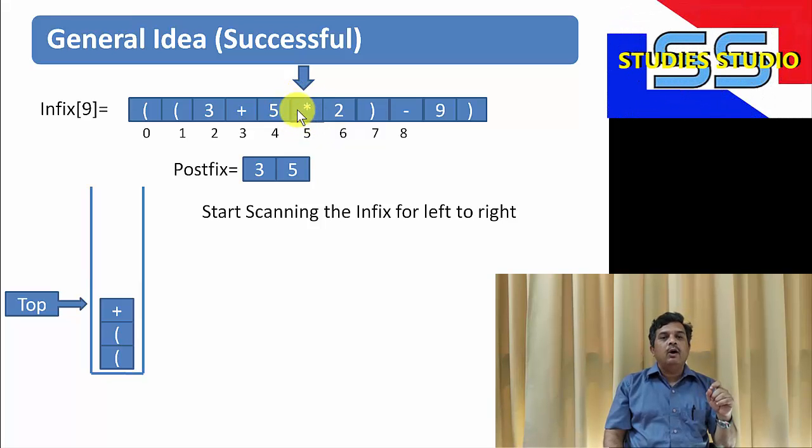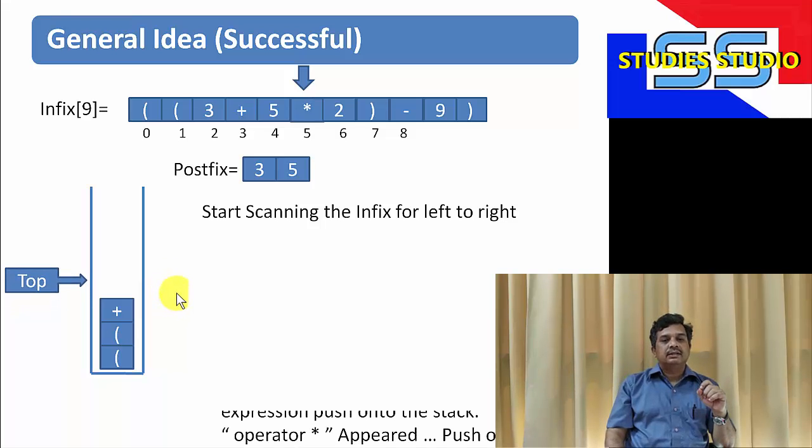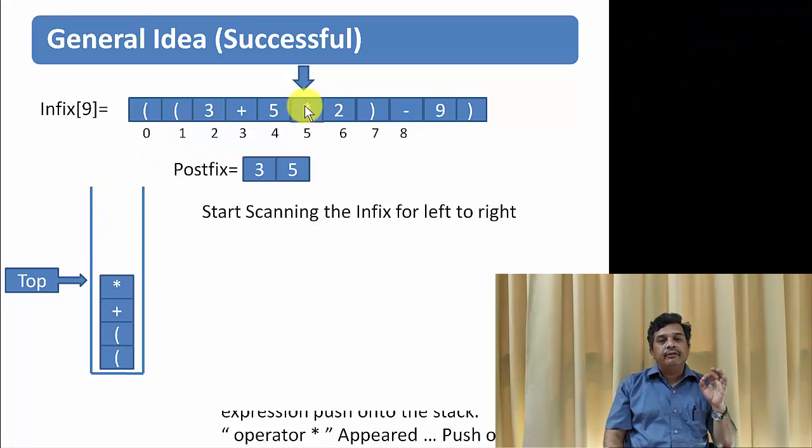Now you can see an operator is here pointed by the scanner and another operator is there at the top of the stack. So what do we have to do? We have to push it onto the stack, because the precedence of star is more than the precedence of plus.